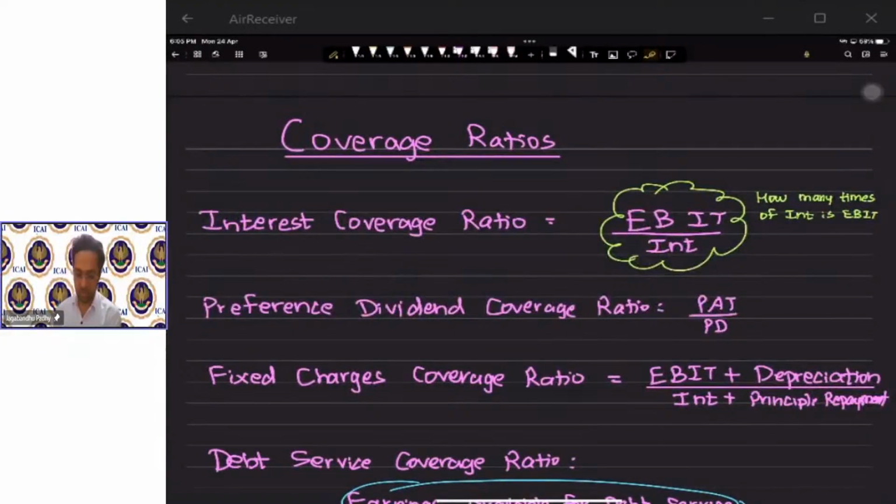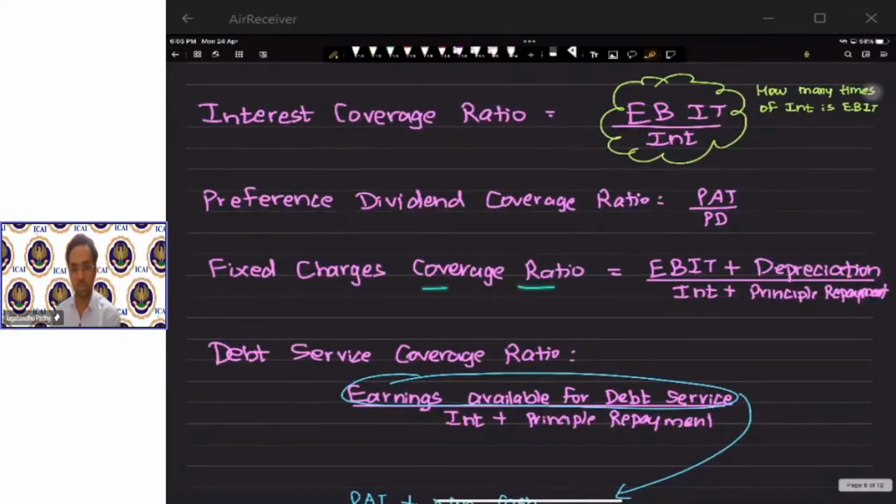So in the coverage ratio, first one was how capable you were to pay interest. So for that, EBIT upon interest. How capable you are to pay your preference dividend, that's PAT upon preference dividend. Fixed charges coverage ratio is EBIT plus depreciation, and we consider what is your total due, that is interest plus the principal repayment.